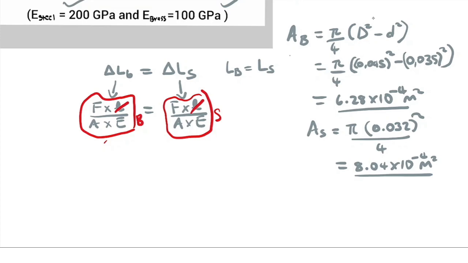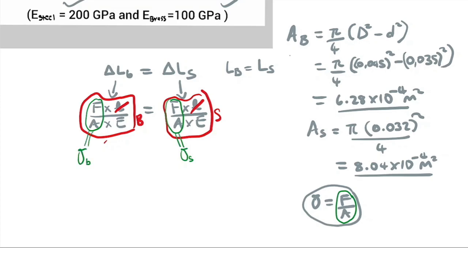Since the stress equals force over area, this part is exactly the stress. So instead of this part, we'll put the stress here for the steel, and this side the stress for the brass. The Young modulus here is for the brass, and on this side is for the steel.